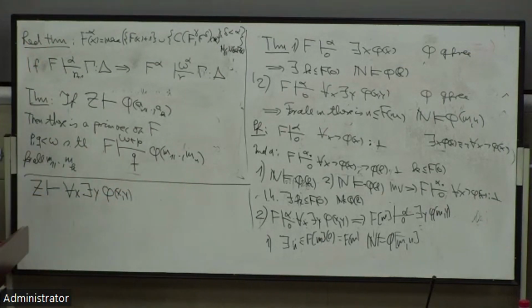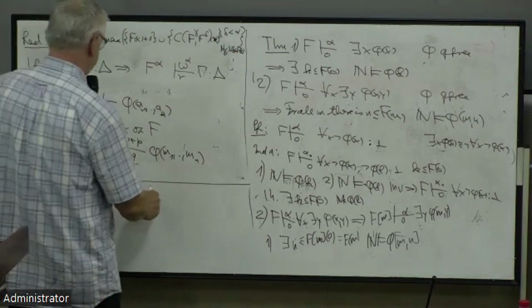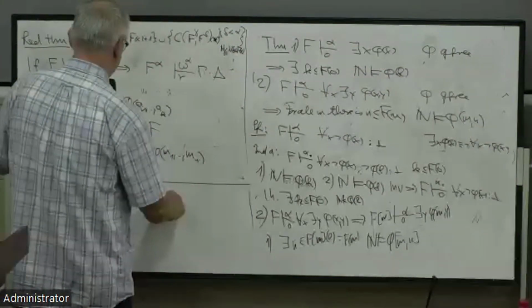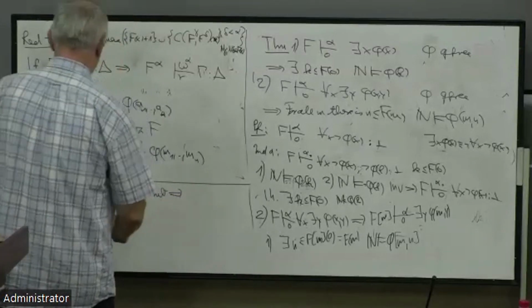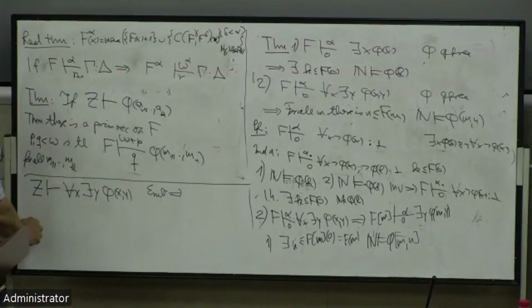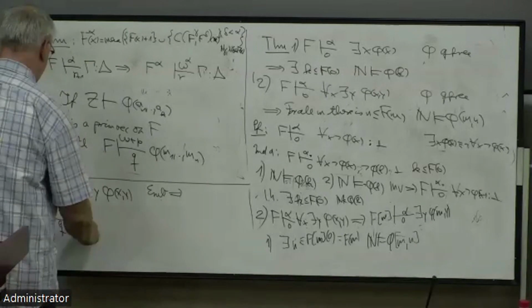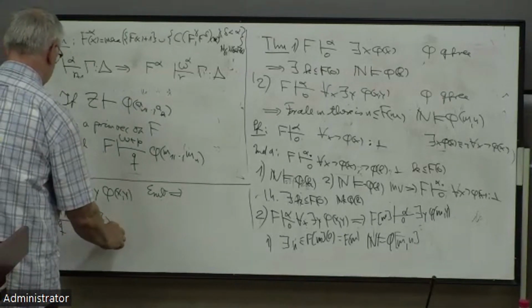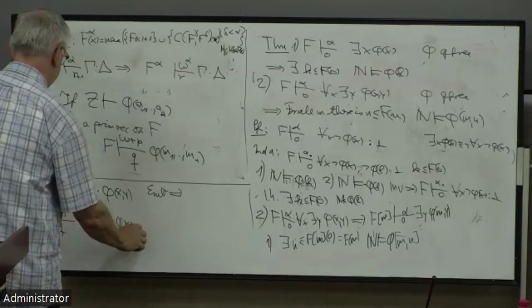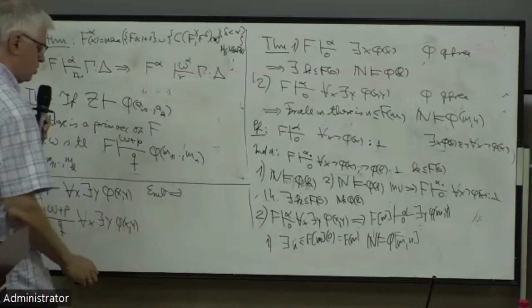What we are going to do is we apply embedding. So we find a primitive recursive operator f, finite numbers p and q, such that for all x, there is a y, phi of x y holds. Okay?